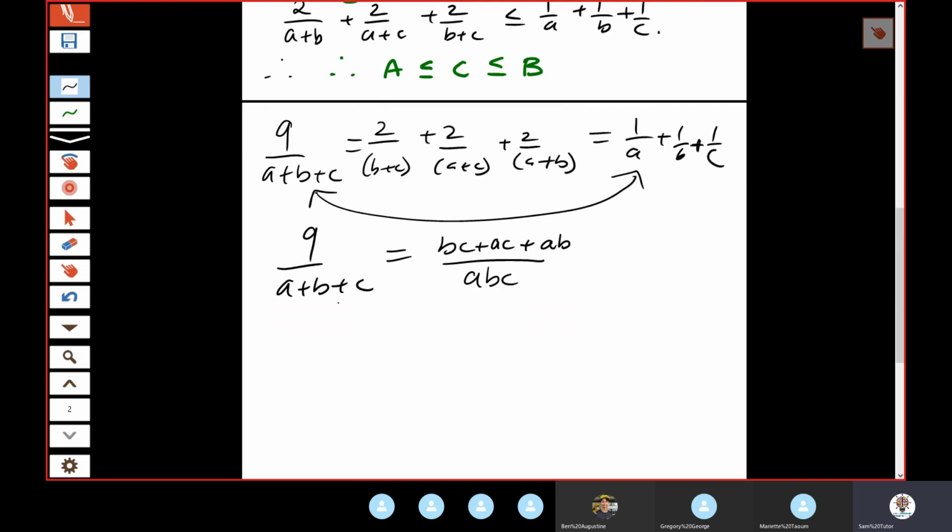We've got sum of roots multiplied by sum of roots 2 at a time over product of roots. So BC plus AC plus AB is the sum of roots 2 at a time. That's 9. And the sum of roots 1 at a time.